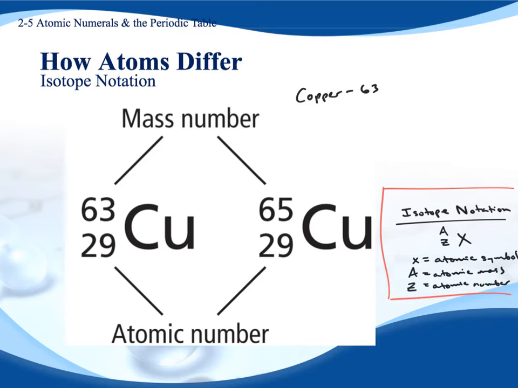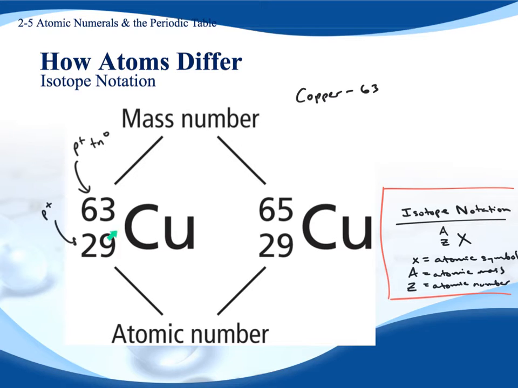So practice writing copper 63 in isotope notation. We'd put the Cu. The top number out front is the protons plus neutrons, and the one down here is simply the proton number.